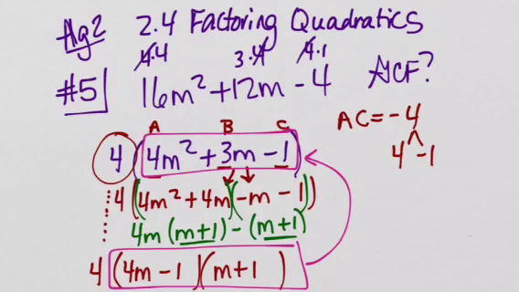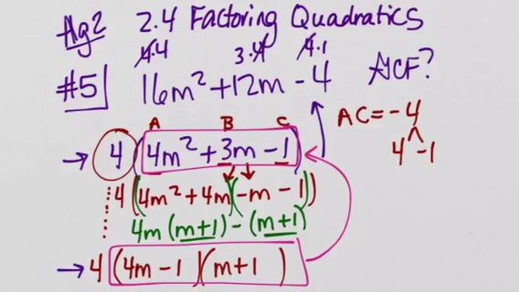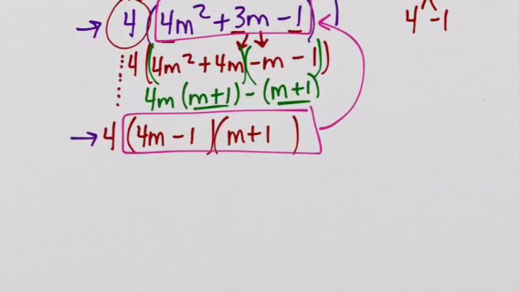The only difference between the pink boxes and the original problem that they gave me is that we need to remember there was a 4 on the outside that we pulled out. Okay? So the final answer should be the 4 times 4m minus 1 times m plus 1.